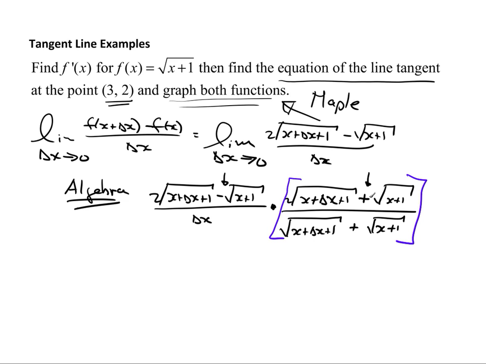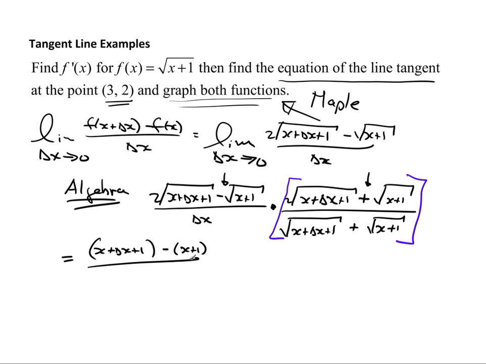Now when I did that, see, this is perfect, or difference of squares here. I multiply this out, and I'm going to get this squared minus this squared. So algebraically, this is going to be simply equal to x plus delta x plus 1 minus x plus 1. That's what this will be when I multiply it out.